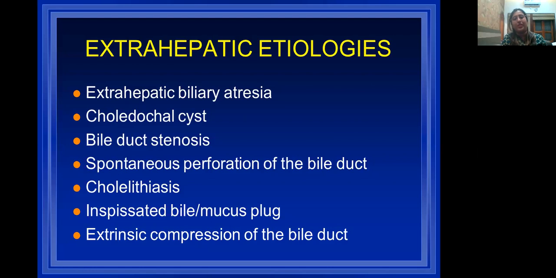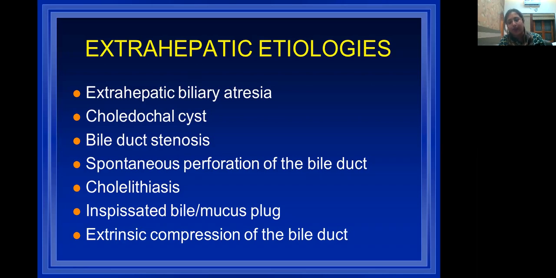First focusing on the extrahepatic etiologies, because this needs very prompt and quick decision making for treatment. Extrahepatic biliary atresia is the most common cause of extrahepatic neonatal cholestasis. Other causes could be a choledochal cyst, bile duct stenosis, spontaneous perforation of the bile duct, cholelithiasis, inspissated bile or mucus plug, and extrinsic compression of the bile duct.